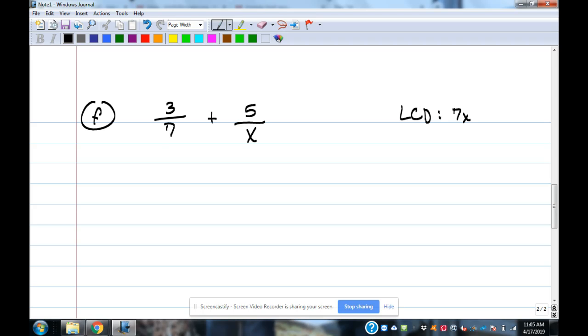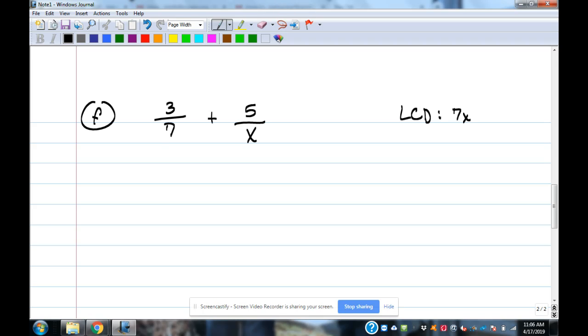So what do we have to do to the first fraction to turn that bottom into a 28? Multiply by 4. So we're multiplying the first fraction by 4. If I multiply the bottom by 4, what else do I have to do? Top has to be multiplied by 4. And this one we've got to multiply by 7.